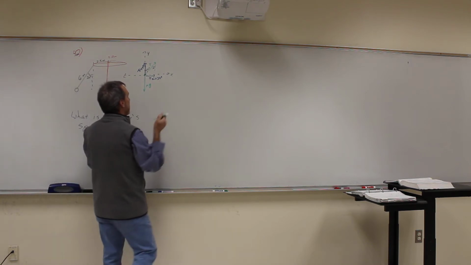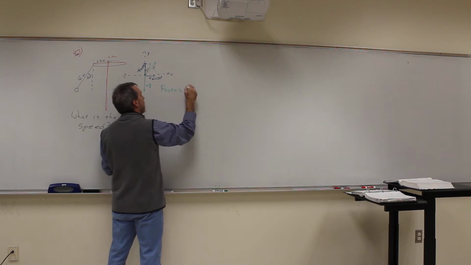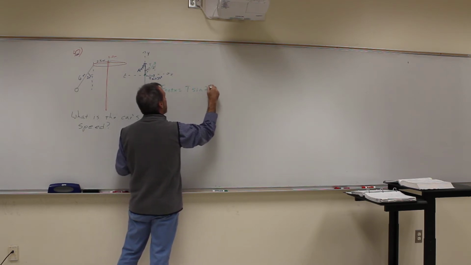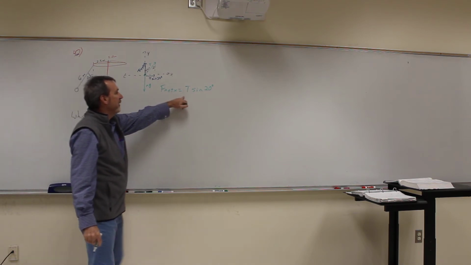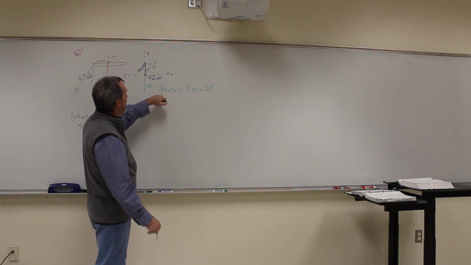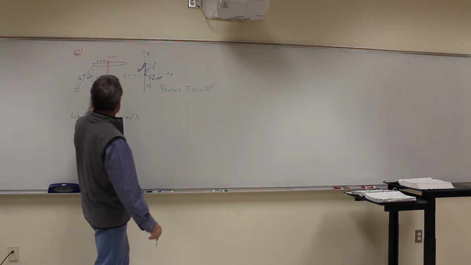What's F net x? F net x is just equal to T sine of 20 degrees. But that has to be equal to the centripetal force, because it's going in a circle.